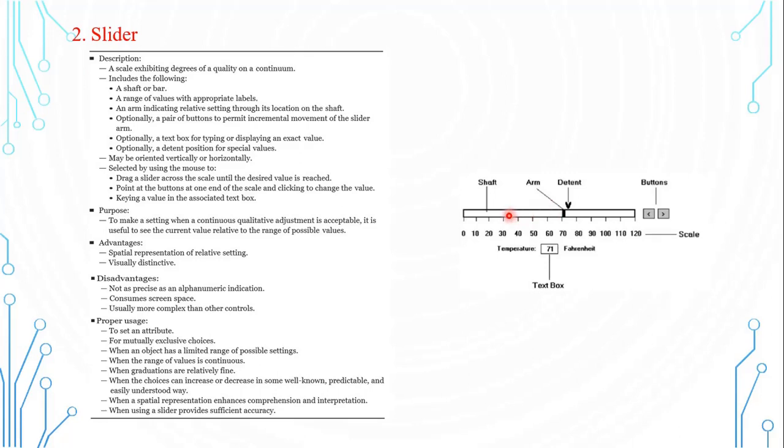If you have a shaft and you are going to move the arm to a particular position on the screen, you can exactly know whether you are going to change the value or not. So this can be visualized by the user. Spatial representation of relative settings can be observed easily if you have this kind of slider.